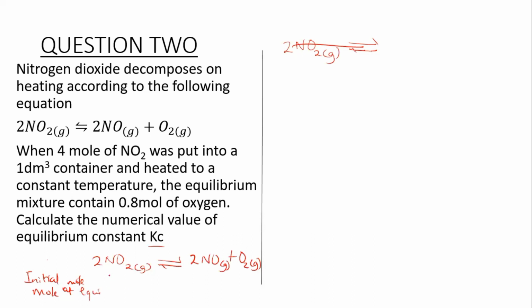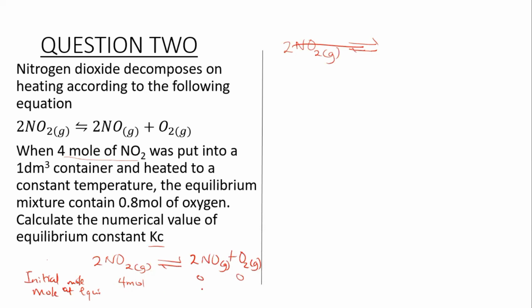Okay. Now, what's the initial mole of this? So we're given 4 moles. Now, what about the moles here? We're not given any initial amount of this. Now, what about mole at equilibrium?